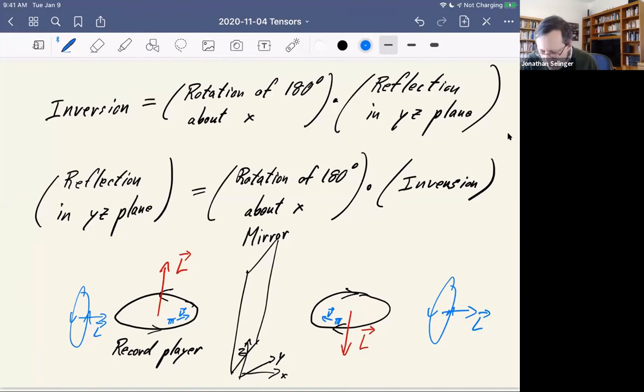Whereas for a proper vector, the component perpendicular to the mirror plane would be changing sign under the reflection, right? And so, yeah, you could say that the pseudo vector does the opposite thing of a proper vector, right? Under a transformation like this. But what the opposite thing is depends on the direction relative to the mirror plane.